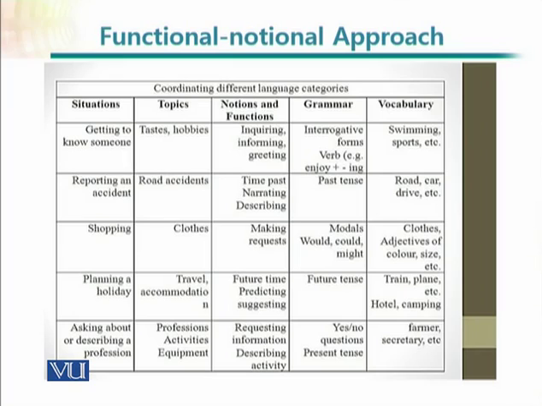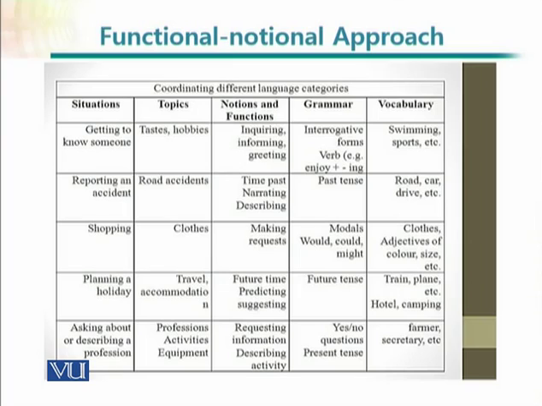And there could be notions and functions of inquiring, informing, greeting. Grammar which may be more useful or applicable in such situations could be interrogative forms. For example, one person might inquire, what is your hobby? So he needs an interrogative form to inquire such things. And vocabulary like sports names, swimming, etc. would be relevant, or the elements of greeting, which are generally popular in a culture.